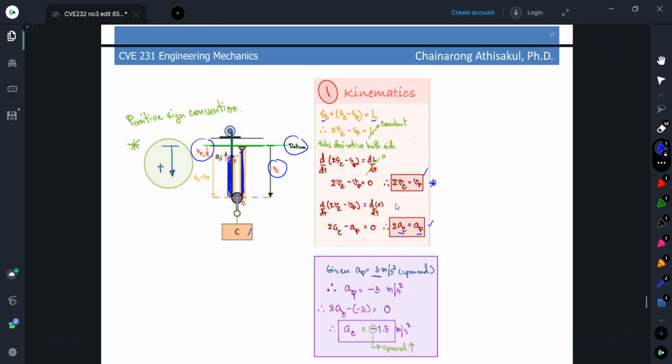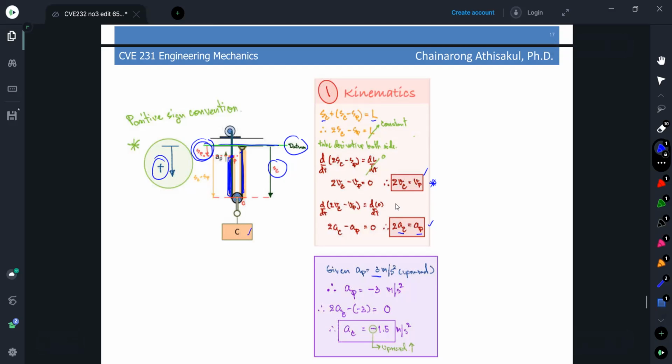upward. But from the setup, the datum line is at this point, and P is below the datum, which means that going down is positive. So we set up the positive sign convention as going down.